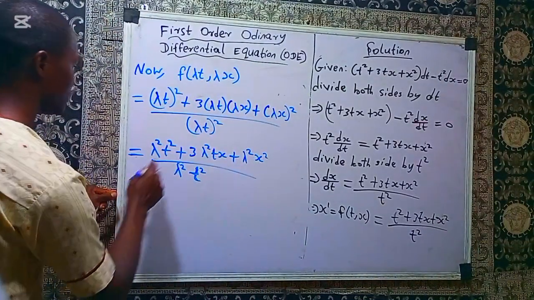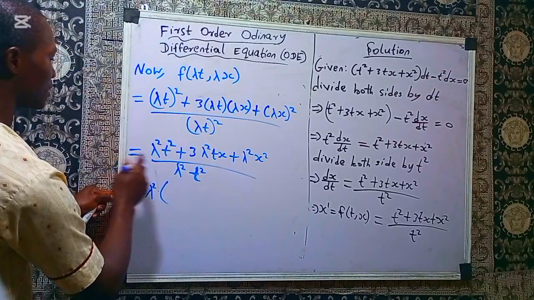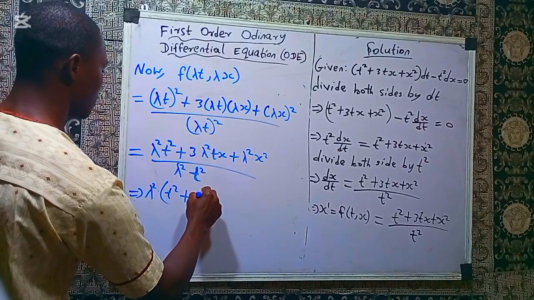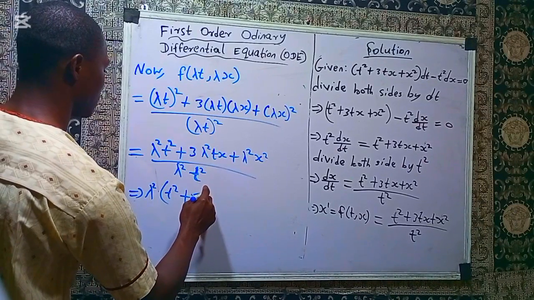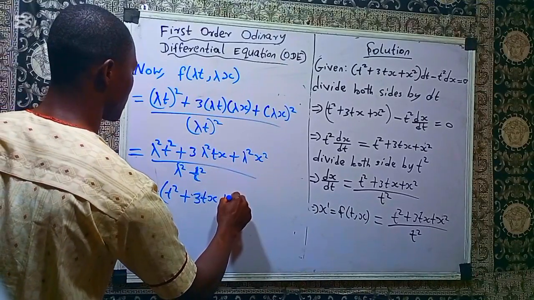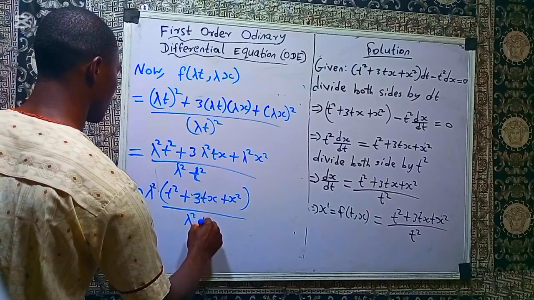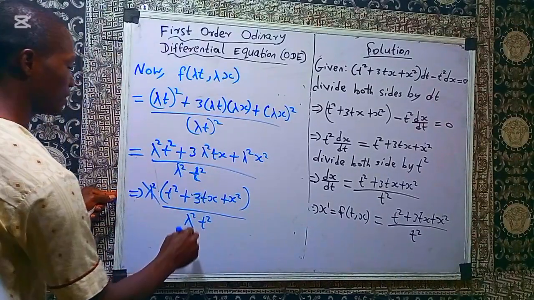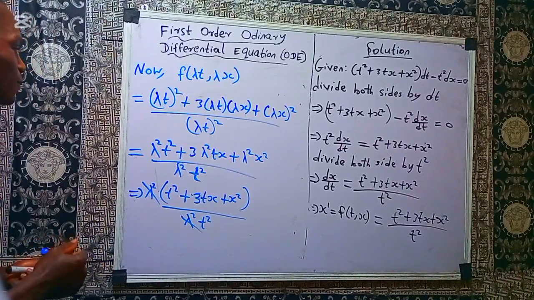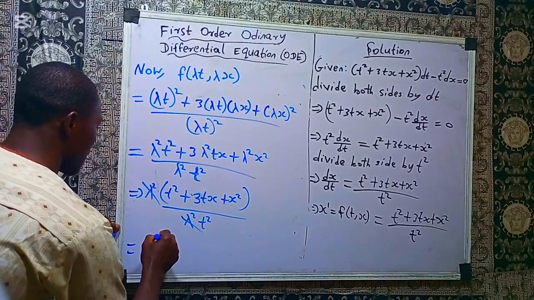So if I factor lambda squared, what is remaining here is t squared, plus 3tx, plus x squared, then divided by lambda squared t squared. So lambda squared cancels lambda squared. That's nice. So what do you now have?